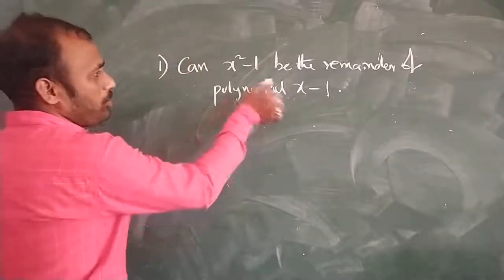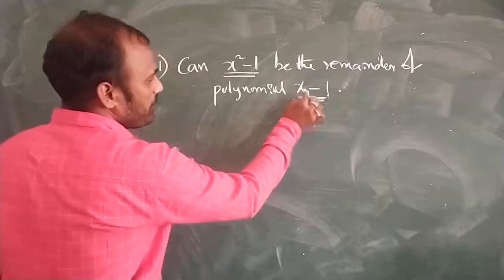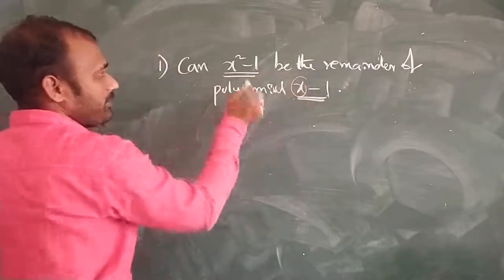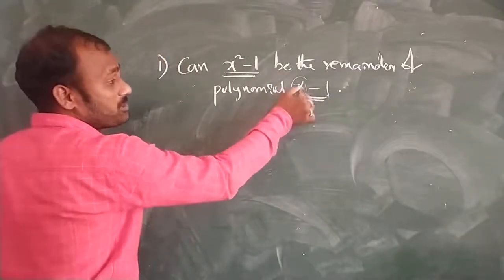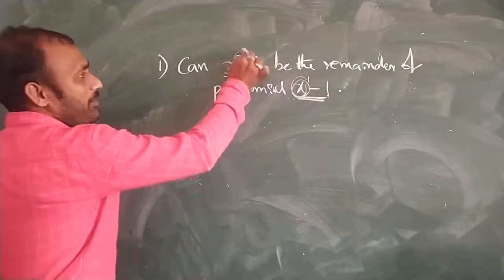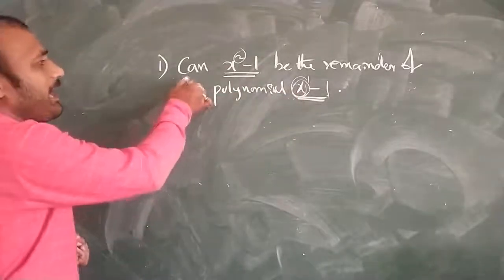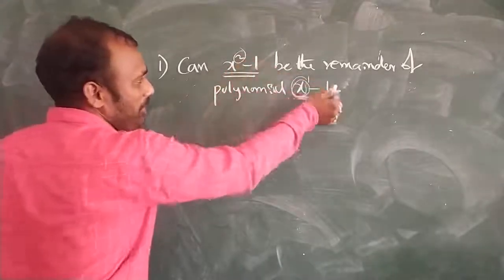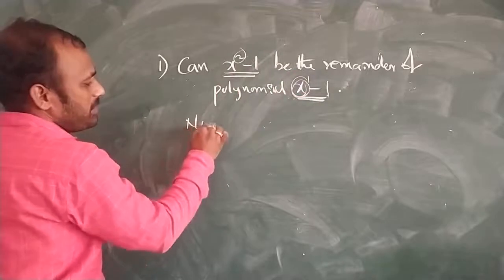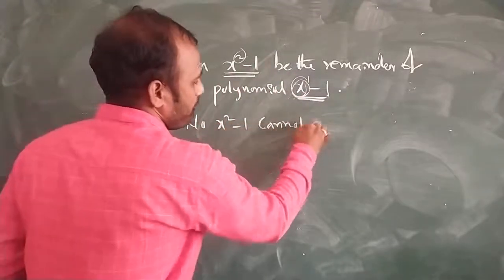If I am talking like this, this is the remainder polynomial and this is the given polynomial P of x. Here, we cannot even do division. Why? Because the degree of the polynomial is 1 and the degree of the remainder is 2. So such a case is not at all possible. We have to say no, x square minus 1 cannot be the remainder.